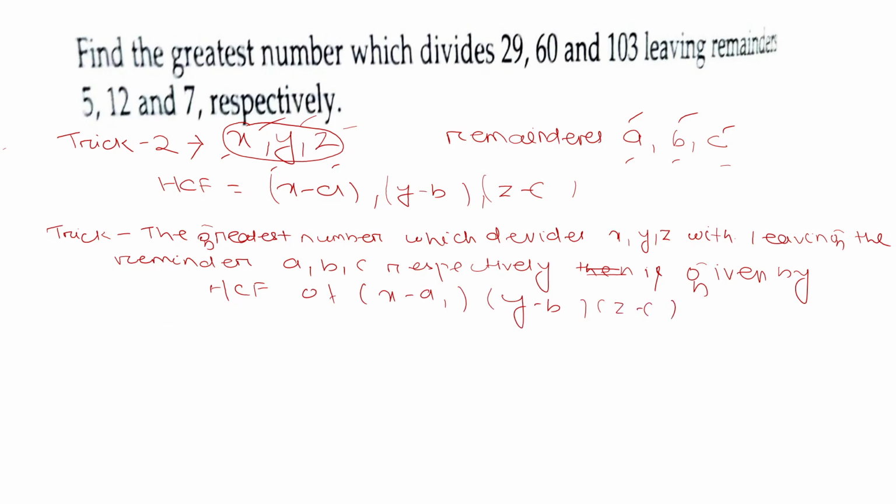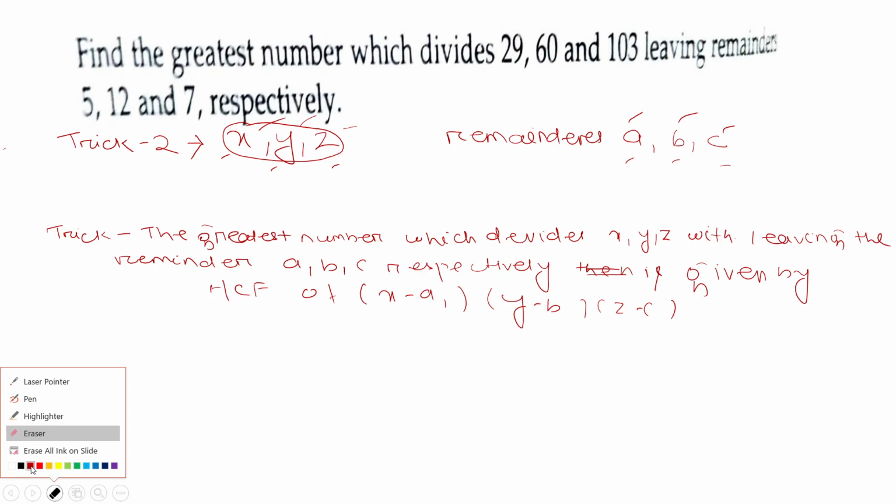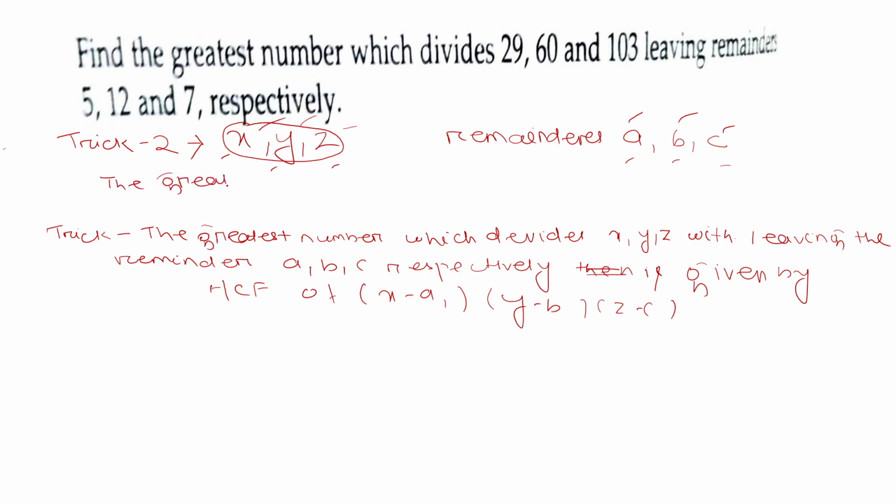So just ignore the first trick, I am erasing that one. Here you can write: the greatest number is the HCF of x minus a, y minus b and z minus c.